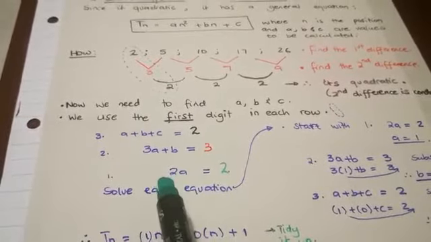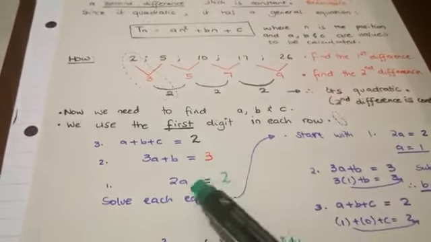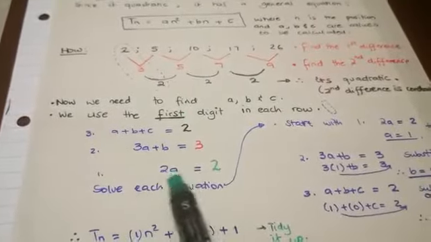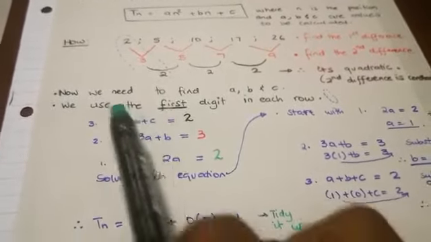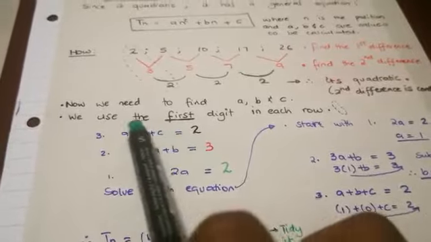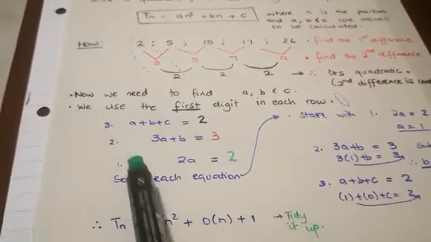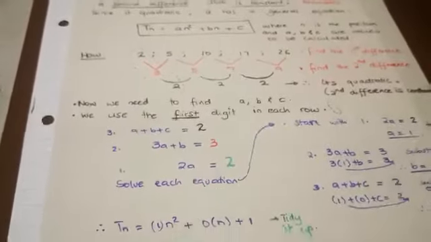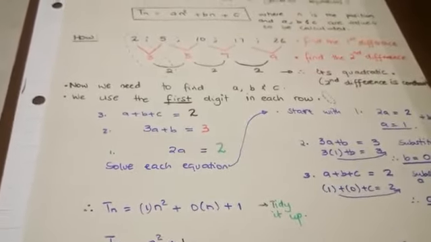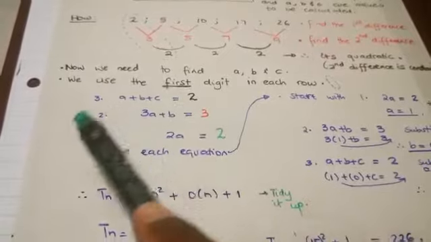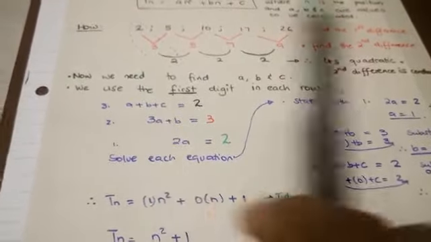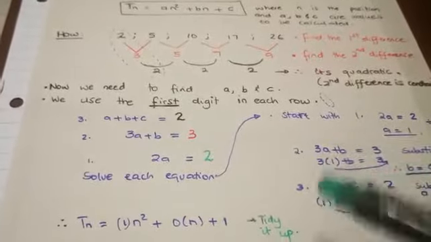These values are going to be equated to 2a, 3a plus b, and a plus b plus c. When we go back to school, I'm going to show you why these equations are so. But now it's going to be too complicated for me to try and do it over here, so just accept them as they are.